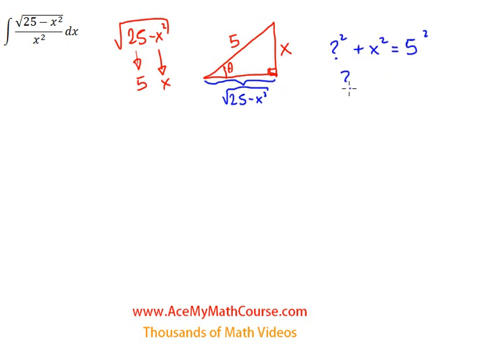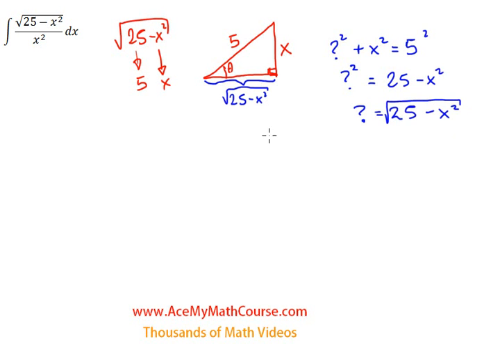That's Pythagoras. If I isolate the question mark squared, I get 25 minus x squared. If I root both sides, I get the square root of 25 minus x squared. And that's going to help us quite a bit.